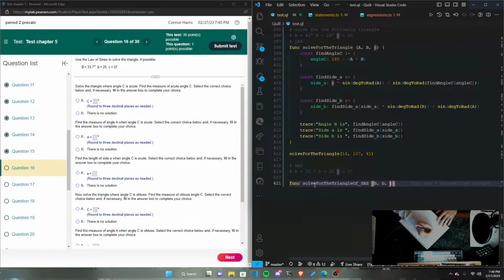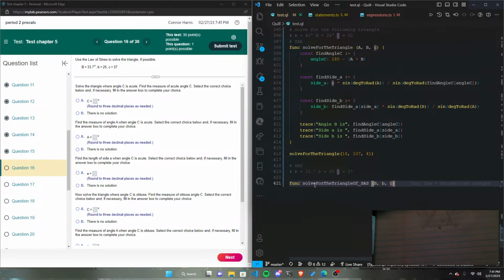We don't know C and we don't know A, but we know that side C is equal to 37, and B is equal to 25, and we don't know A, or little a here. So this is what we're solving for. Side C is directly across from angle C, so this over here is side C. And then this would be side B, while angle B. So that's what the triangle would look like.